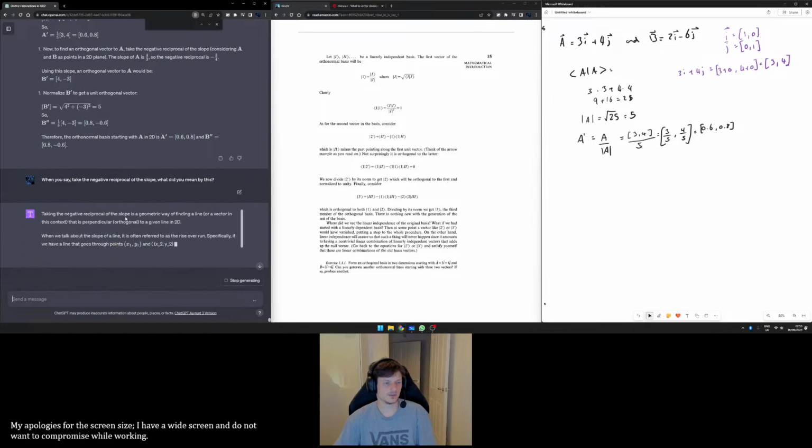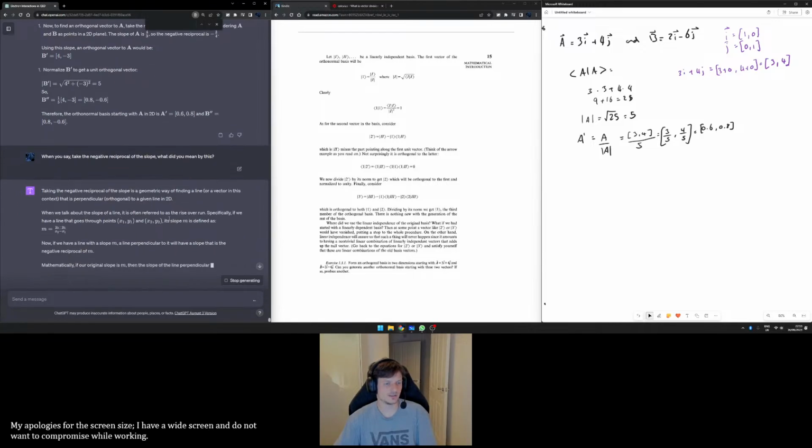Taking the negative reciprocal of the slope is a geometric way of finding a line that is perpendicular to a given line in 2D. The slope of a line is often referred to as rise over run. If a line goes through points x1, y1 and x2, y2, its slope m is defined as y2 minus y1 over x2 minus x1.